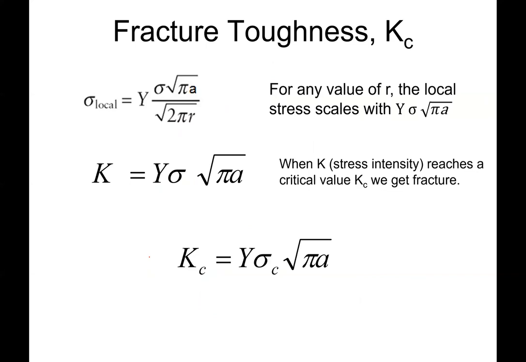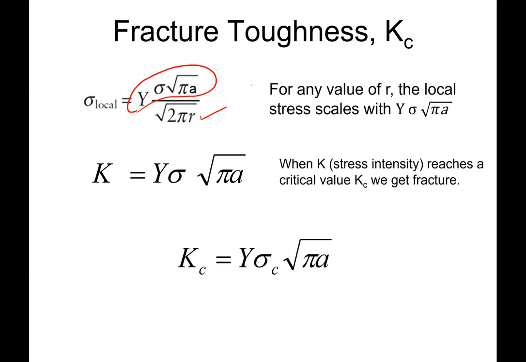All right, so this leads us finally to a definition for a fracture toughness of a material. So now we're going to get to an actual value. We can assign a toughness value to a material rather than just referring to some materials as being tough and some as being brittle. So one of the things we want to notice is that out front of a crack tip, that intensity is going to scale like this top piece, where this bottom term represents our position out front of the crack.